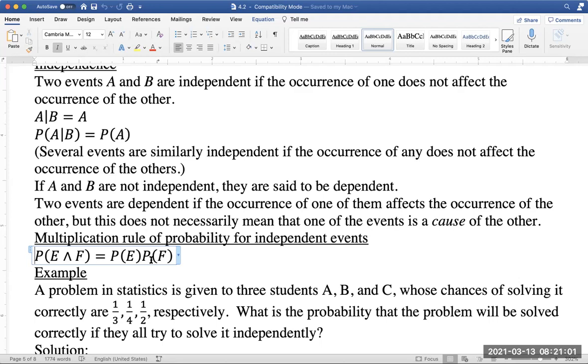When people talk about DNA evidence, usually in courts, they'll say the probability that this DNA that we tested was not yours is 1 out of a billion or whatever.